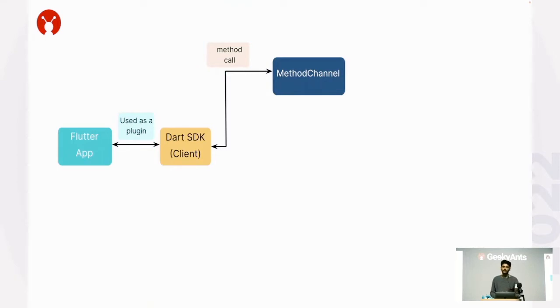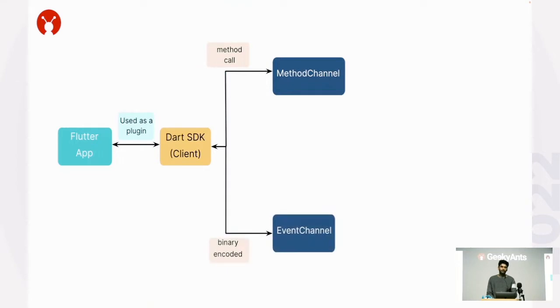Using method calls, we can invoke methods on the native side. And then for streams, in our case, we'll be listening to the timer app. It will count down 10, 9, 8, 7, so it will be streaming that data. The streaming data is binary encoded, and then it is decoded. I will show you the methods that do this.